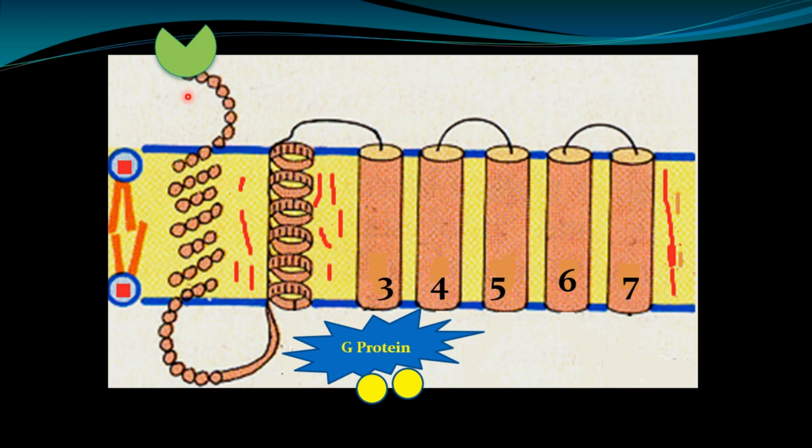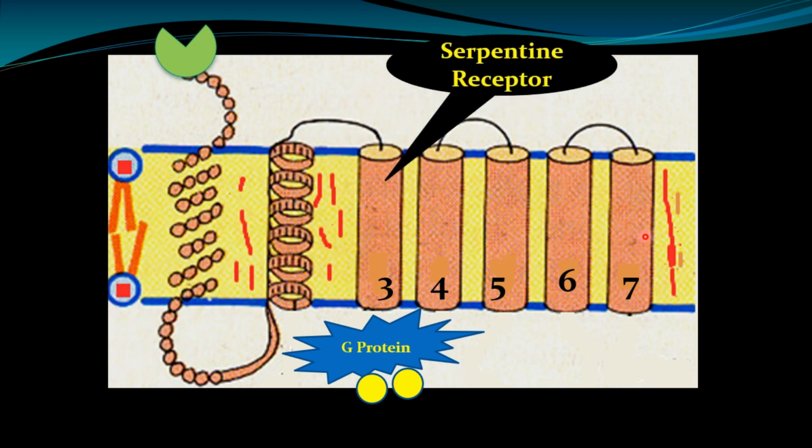So this is the outer domain, and it is for the binding of the drug, and this is the transmembrane domain, which has 7 transmembrane helices, and the internal domain is linked with the G protein. Because this is the characteristic of the serpentine type of receptor, with 7 transmembrane helices, we call it the serpentine receptor, and it is linked with the G protein.